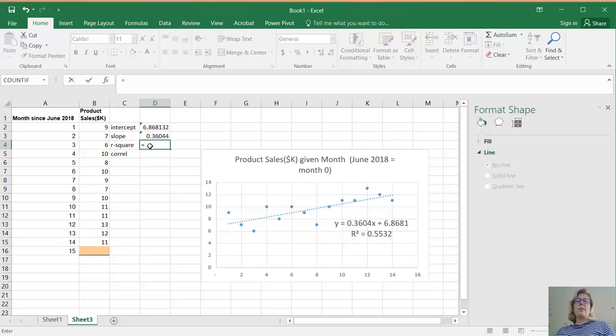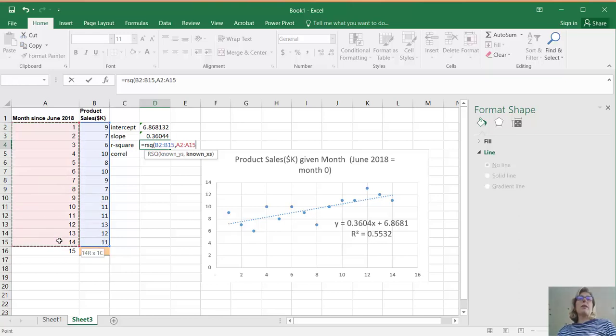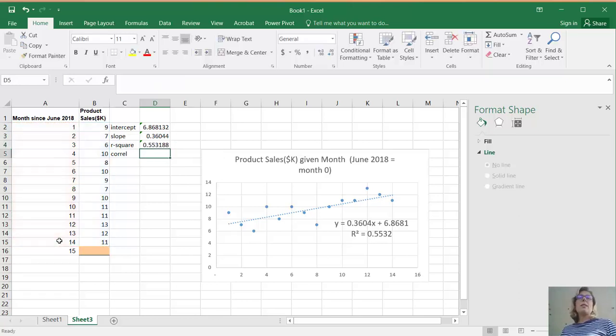R squared is a little less to type. The order on the others did matter. We're trying to predict sales given time, not time given sales. But for the r squared, it doesn't really matter whether you put x's or y's first. We have indeed 0.55.